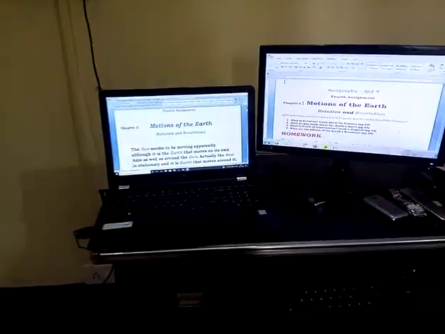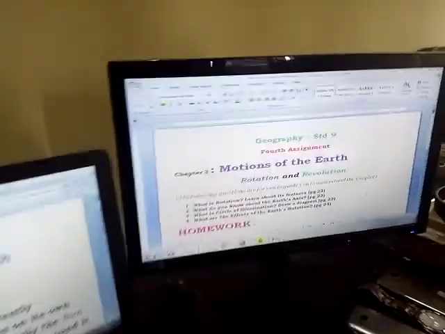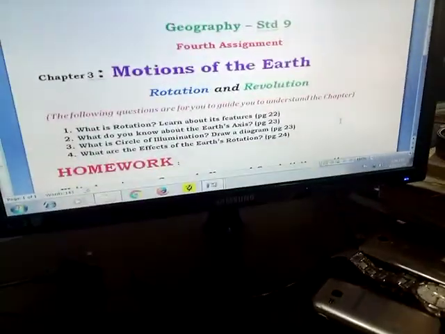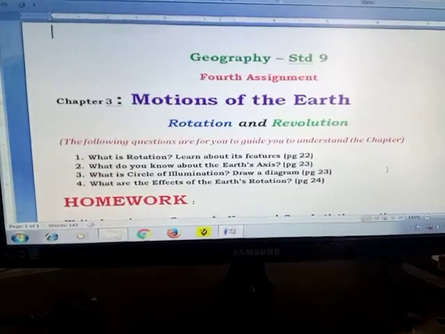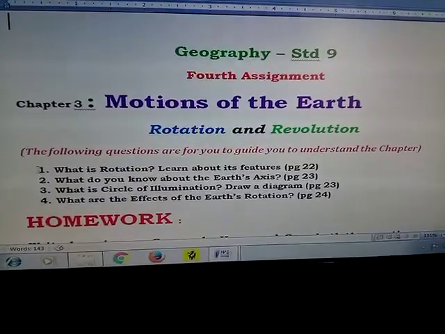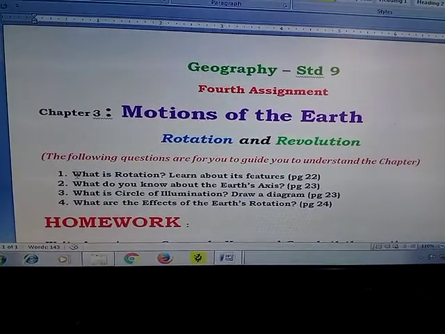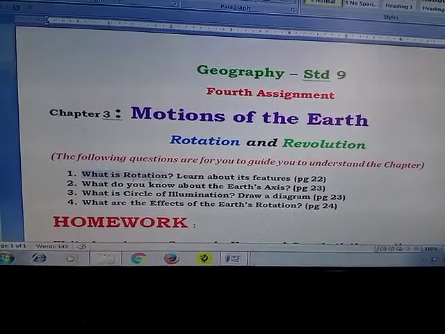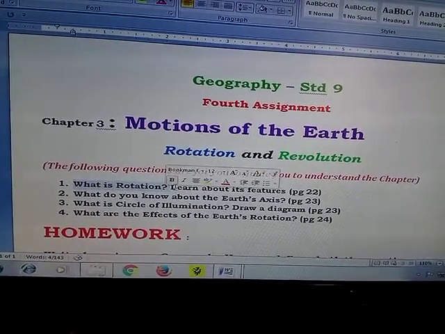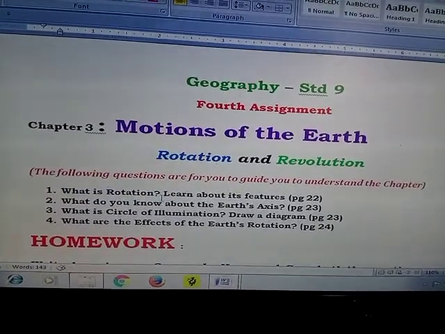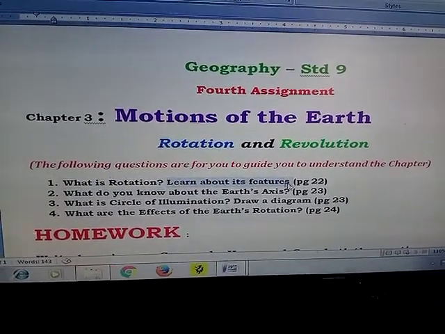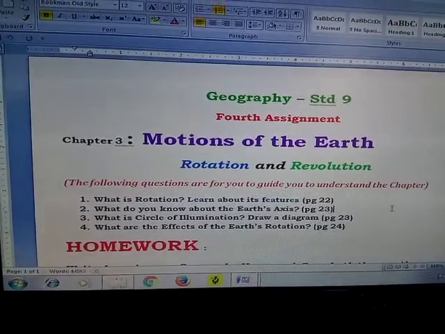Geography of Standard 9. Today we shall discuss the motions of the earth, mainly the rotation and revolution. We shall concentrate on these four main questions. What is rotation? And we have to know all the essential features about rotation.